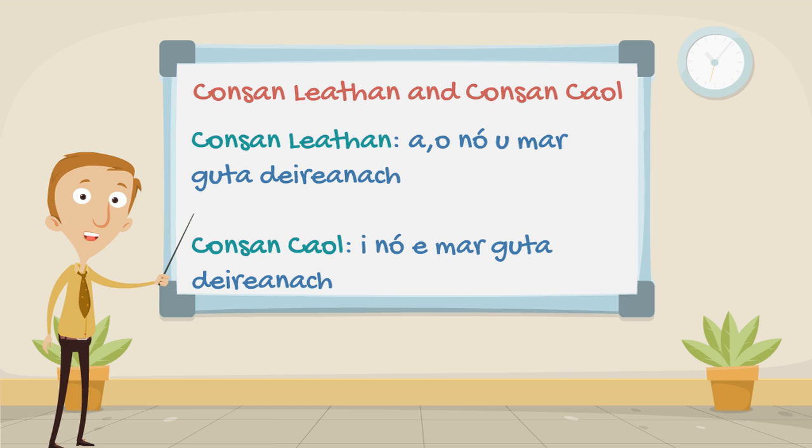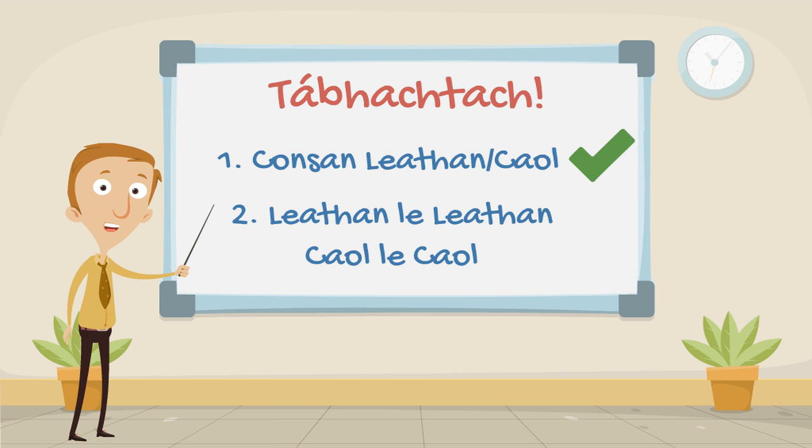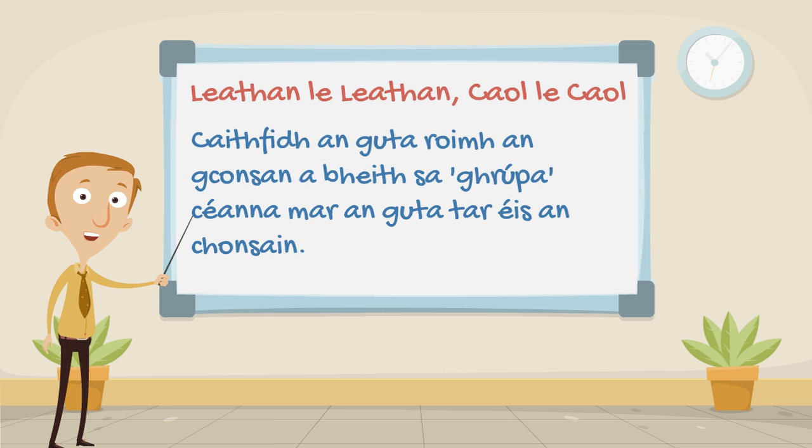Now that you know what the Latin and Quail vowels are, we can teach you the golden rule of Irish spelling. I'm sure you've all heard of Latin na Latin, Quail na Quail, but what does this actually mean? Simply put, the vowel after a consonant must be the same type of vowel, i.e. Latin or Quail, as the last vowel before that consonant.